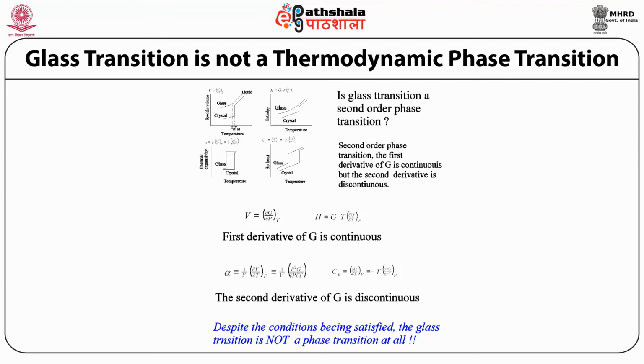Glass is not in the stable, minimum free energy state of the material. It is in a kinetically locked state, and its entropy, density, etc. depend on its thermal history. So despite all the conditions being satisfied, the glass transition is not a phase transition at all.